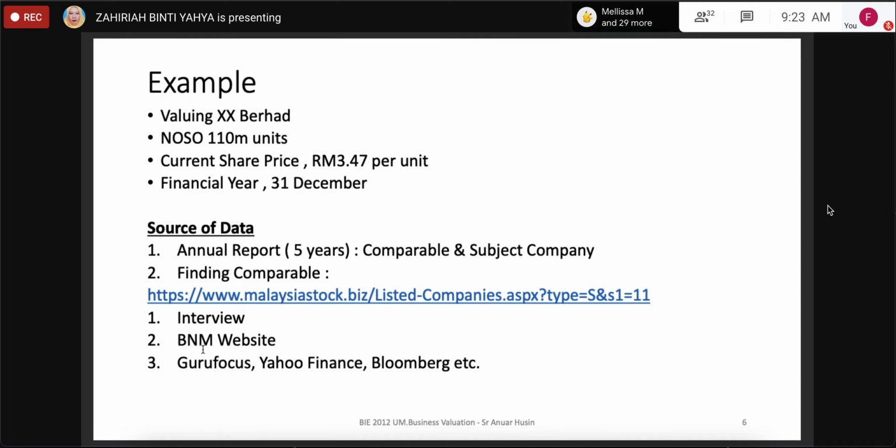You go to the BNM website, because the BNM website has a lot of information, like bankruptcy, liquidation and so on, information you need to know. And then others, Guru Focus, Yahoo Finance, Bloomberg. So the business valuation is not as straightforward as property valuation.